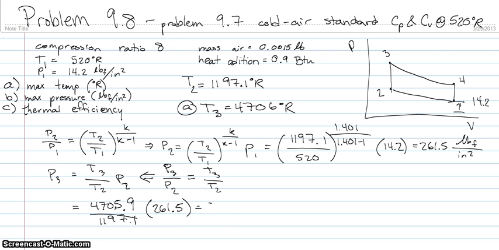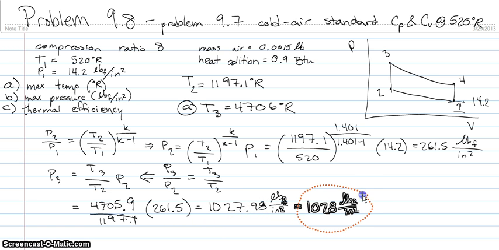That'll give us a final value of 1027.98. Again, the units for this are going to be pounds force per inch squared, and then rounding it off to a cleaner number of 1028 pounds force per inch squared. It's best when doing your calculations though to use the more complete answer and then just save these ones here for everything else.